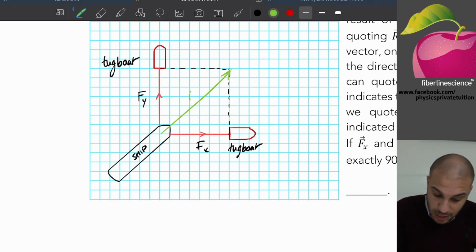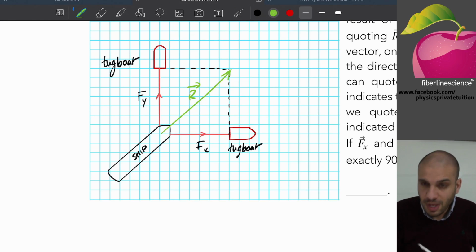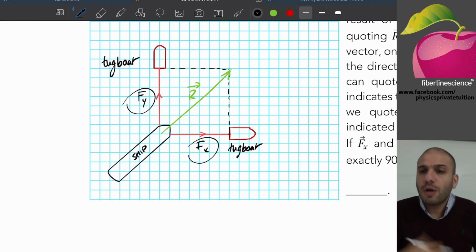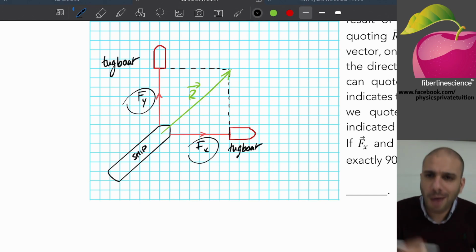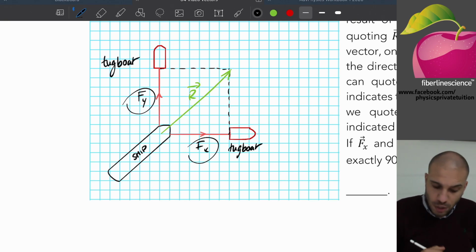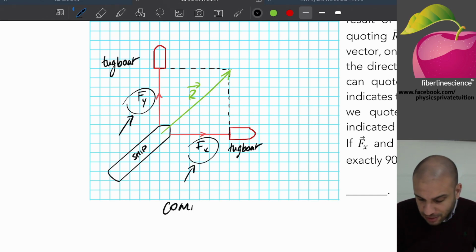So this would be the resultant. F'dak il-każ, Fy u Fx huma components of that resultant. These two forces make up the resultant, okay? Give us the result. So, f'dak il-każ, kemm Fy u Fx nirreferu għalihom bħala components.